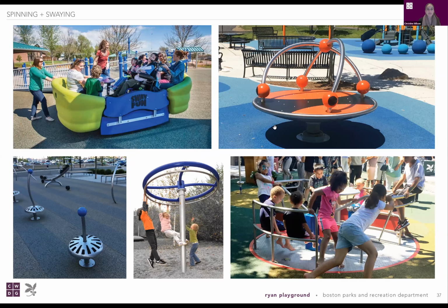And then spinning and swaying. There are pieces that you can bring a wheelchair onto, big group swaying pieces, and then of course little spinners we can include. So how do you feel about spinning and swaying?